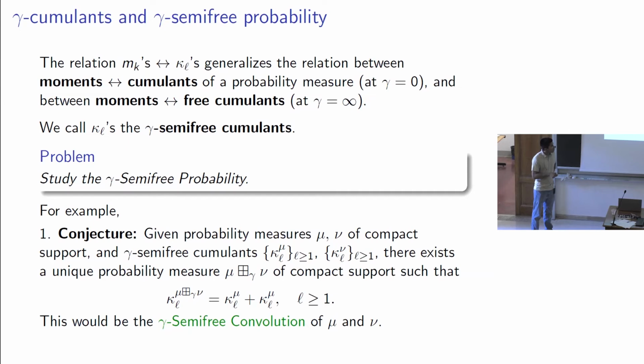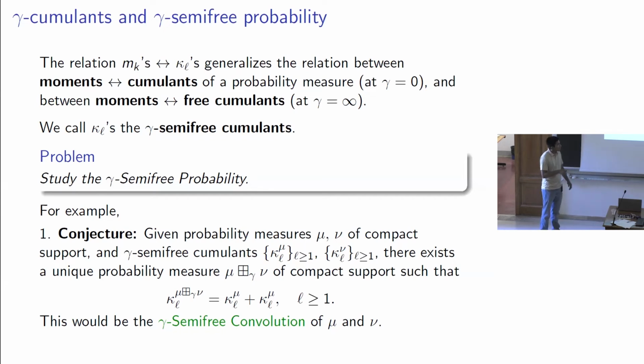Now, the conjecture is there exists a unique probability measure, also compactly supported, such that the l-th semi-free cumulant of that measure is equal to the sum of the semi-free cumulants of mu and, I think I made a mistake here, it should be nu, right?